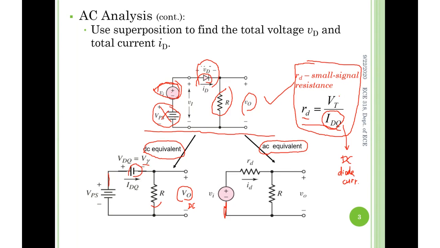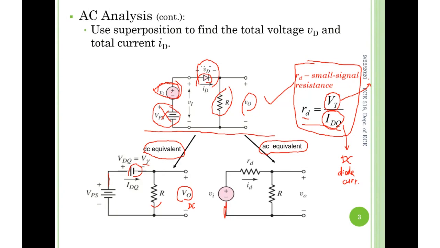Who is numerator? VT is what? Who knows what this guy is? Anyone can remember? This is something we learned from previous slide. It's probably a little bit hard to remember, but VT is called thermal voltage.